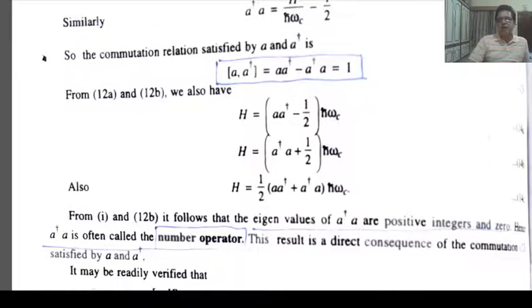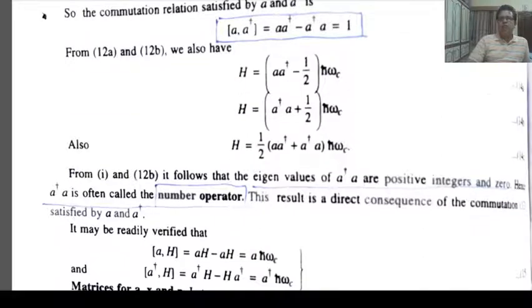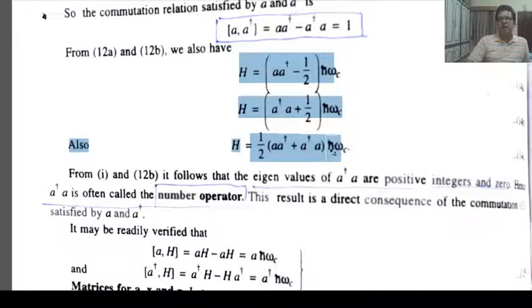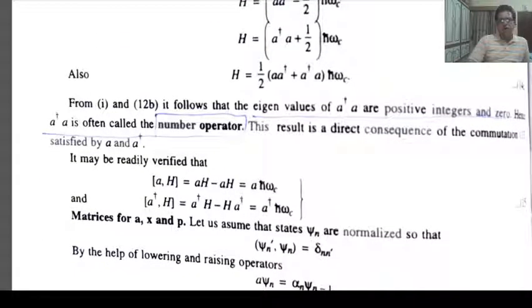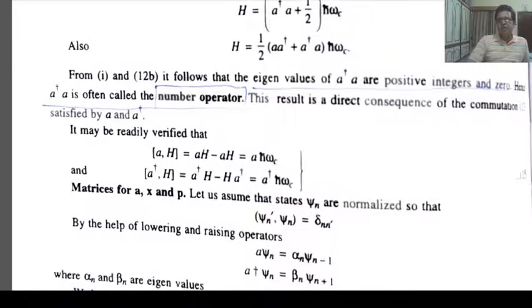From here we can calculate the value of H in different kinds of combinations. These are only algebraic forms of H that you can easily calculate. From 12a and 12b it follows that the eigenvalues of A dagger A are positive integers and 0.